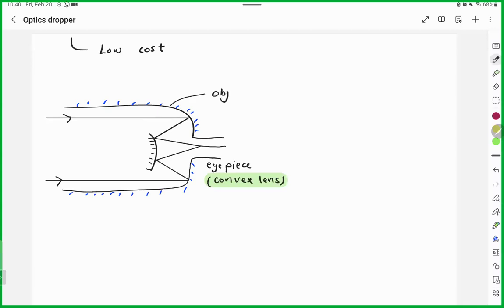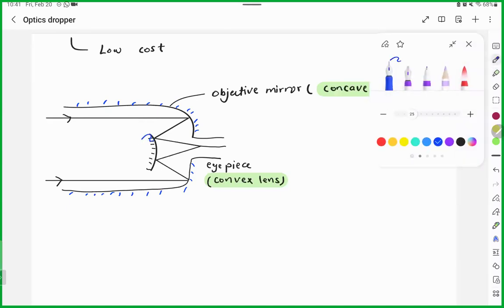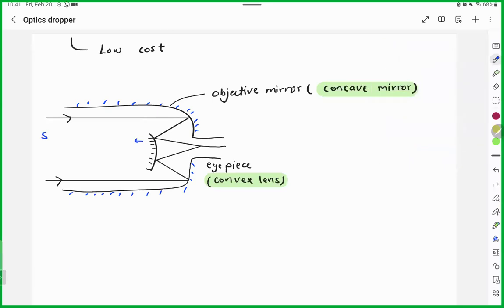This will be known as the objective mirror, which is concave in nature. And you have one more mirror, which is convex and also known as the secondary mirror. This secondary mirror is a convex mirror.